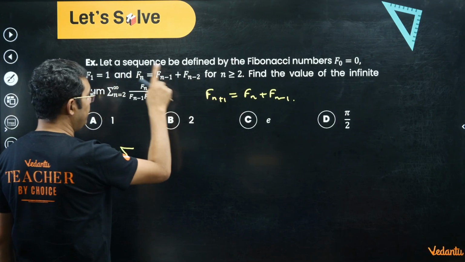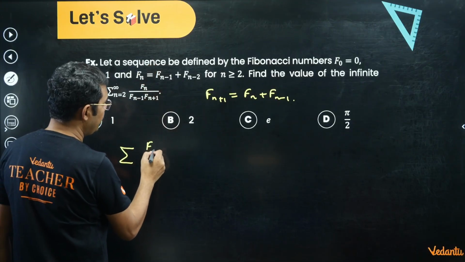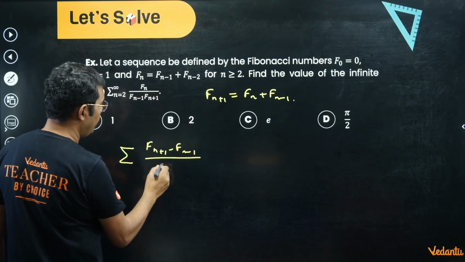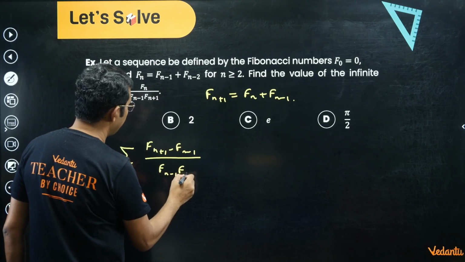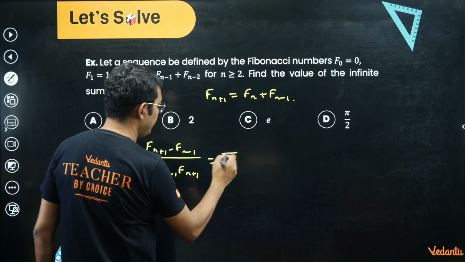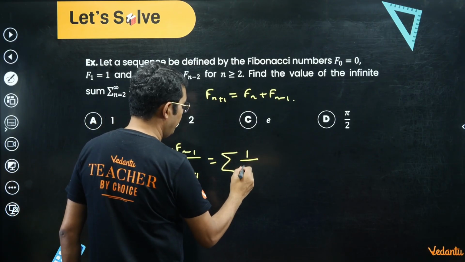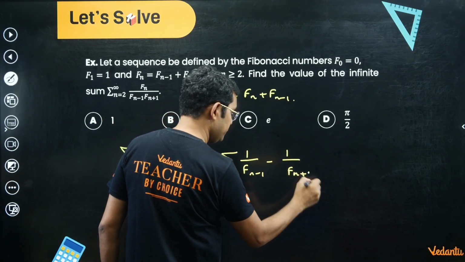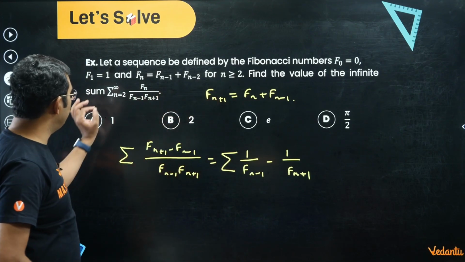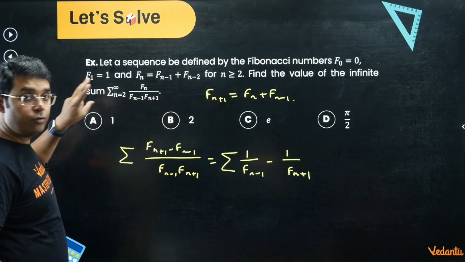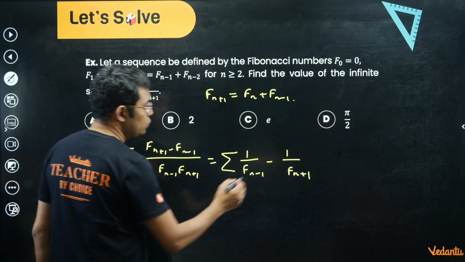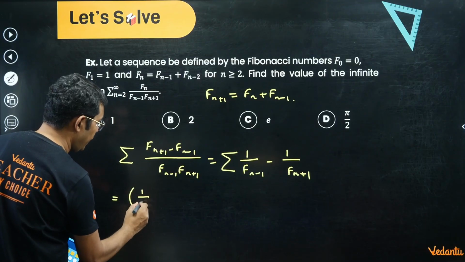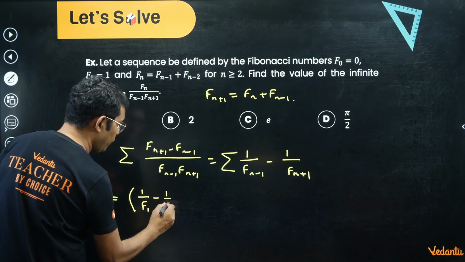If I use this fn here, it will be fn plus 1 minus fn minus 1 upon fn minus 1 fn plus 1. This can be written as summation 1 upon fn minus 1 minus 1 upon fn plus 1. Okay, if I start putting the values of n, starting from 2, this will be equal to 1 upon f1 minus 1 upon f3.